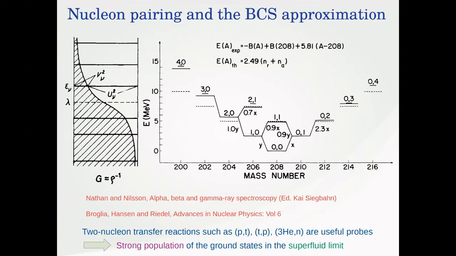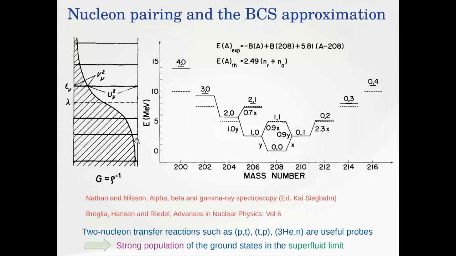And the way you can investigate the validity of the BCS approximation or BCS pairing, well established for several years, and it's beautifully explained in these two references, is by studying the nuclei using two-nucleon transfer experiments such as (p,t), (t,p), (helium-3,n).